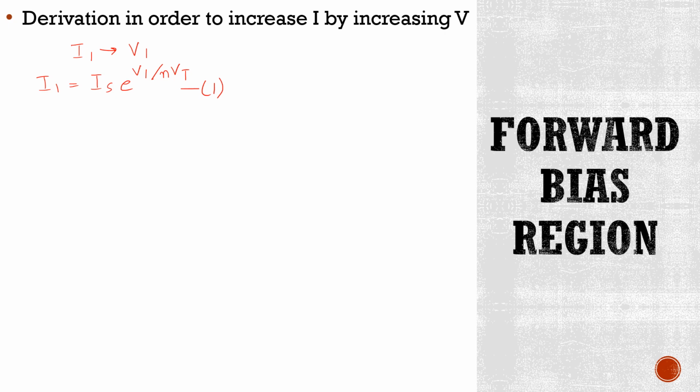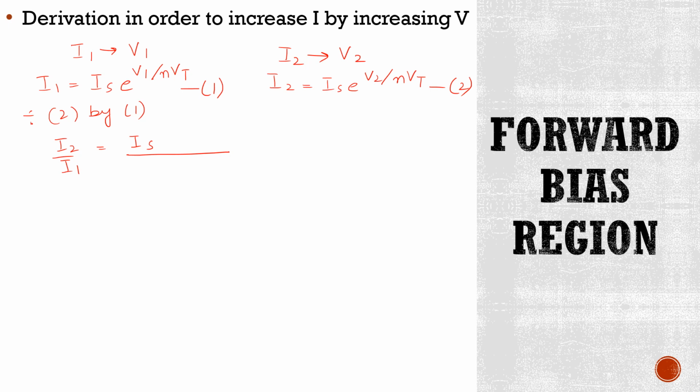Similarly, current I2 corresponds to diode voltage V2, which is given by the equation I2 is equal to Is e raised to the power V2 divided by nVt, and this is equation 2. Now if we divide equation 2 by equation 1, we'll get I2 divided by I1 is equal to Is e raised to V2 divided by nVt divided by Is e raised to V1 divided by nVt.